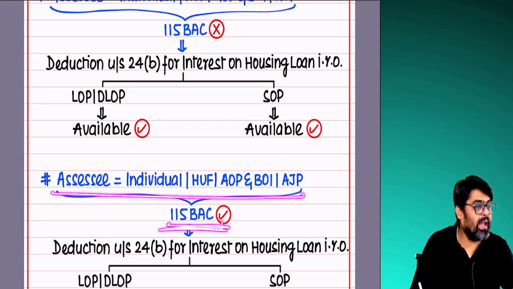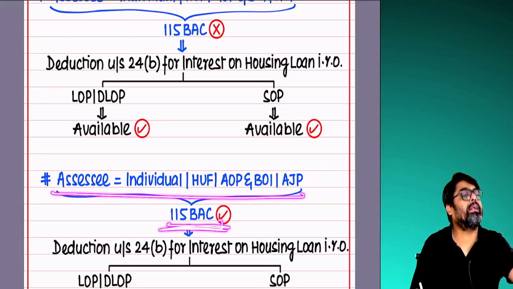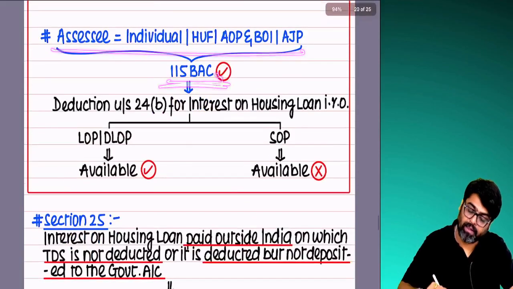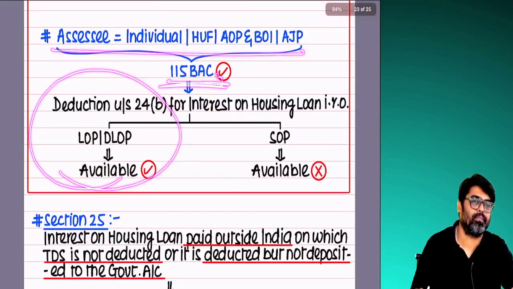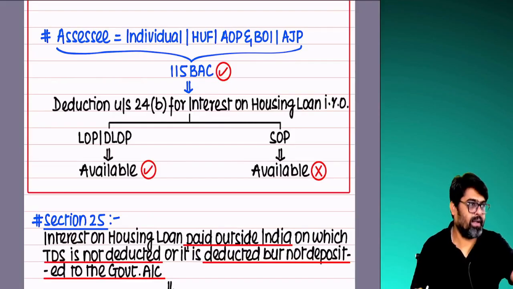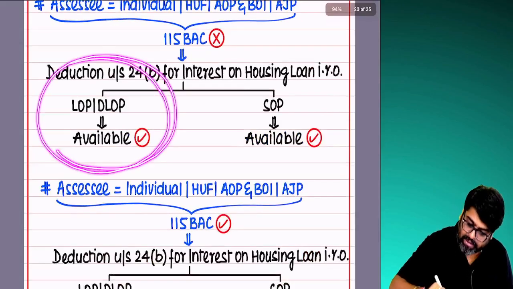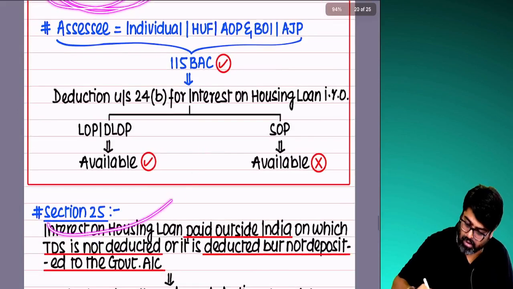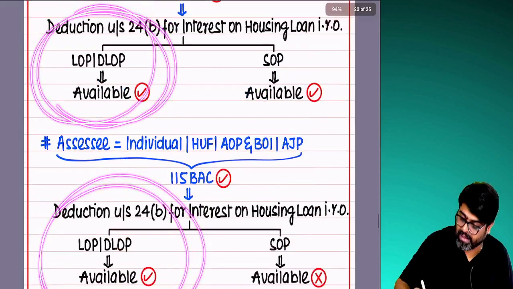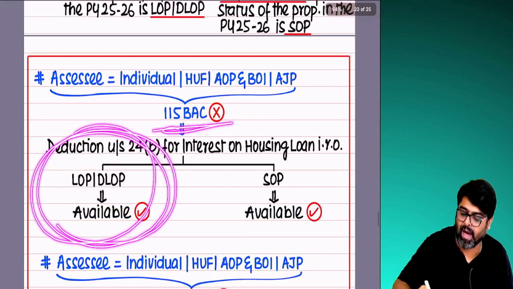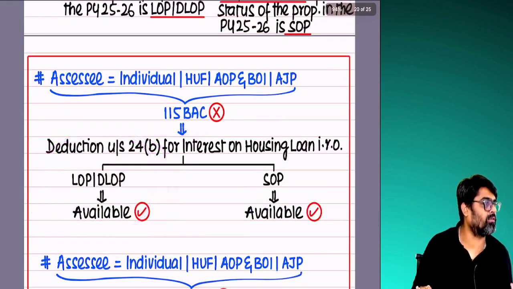Will he be eligible to claim deduction for interest on housing loan? Yes. If the property is LOP, DLOP, unlimited interest is allowed. Whether you follow 115BAC or not will not make any difference.